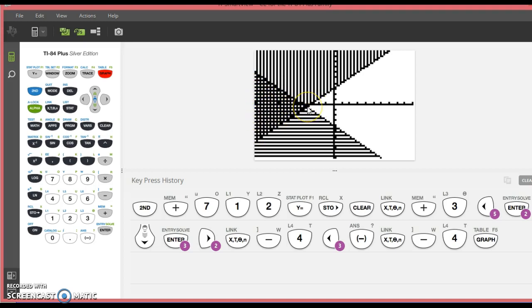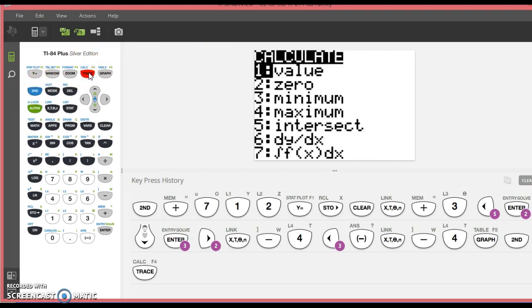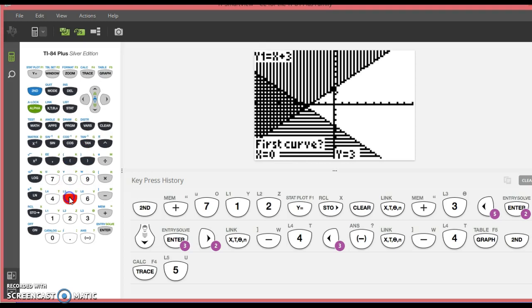If I want to know the point that they intersect at, you are going to do second, calculate, which is 5, enter, enter, enter. The intersection of those two lines is at negative 3.5 and negative 0.5.